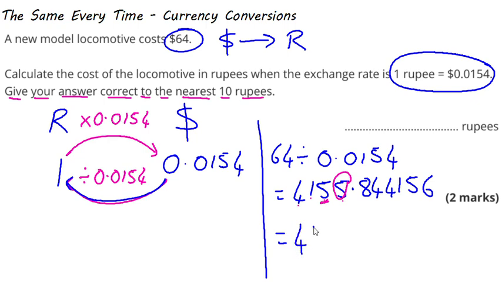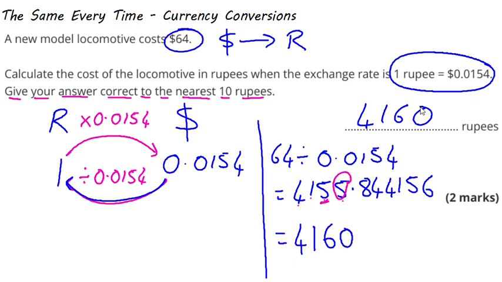So it's going to be the 4 and the 1 will stay the same. This 5 here will round up to be a 6, 416. But I just can't round it to 416. I have to fill up as far as the decimal point with zeros, so 4160. 4,160 is my answer, rounded to the nearest 10 rupees.